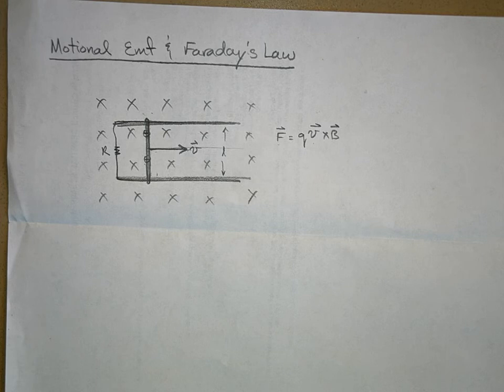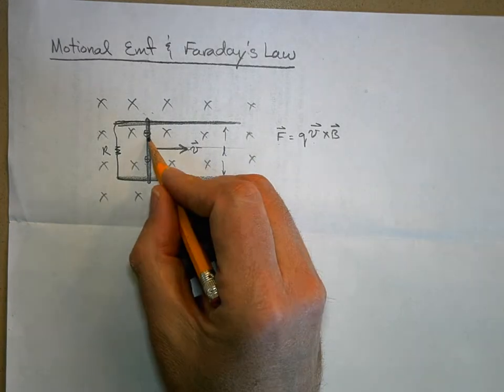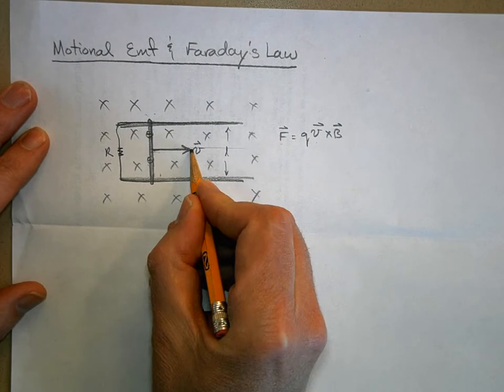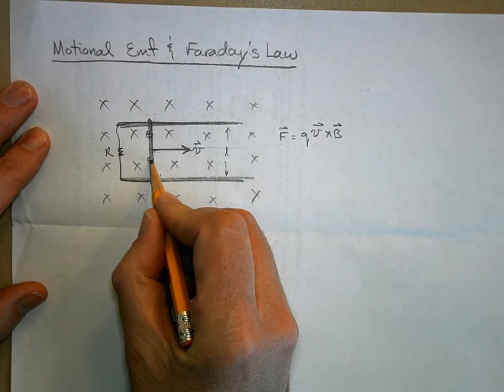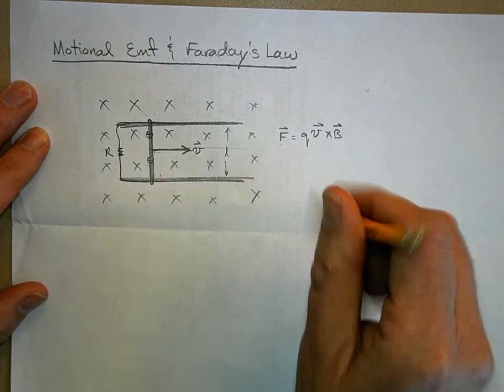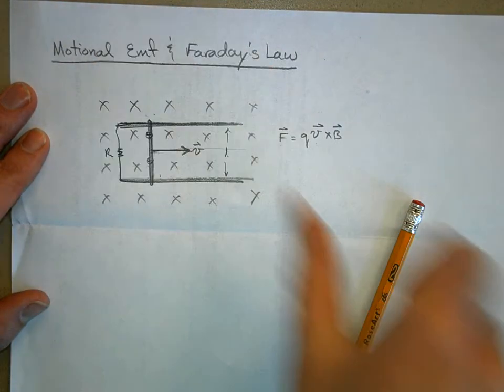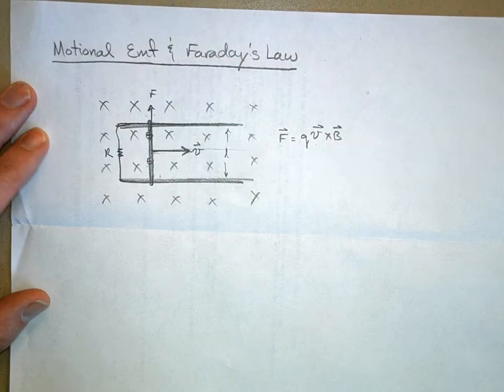And so my pretend positive charge is going to feel a force. Now, if your velocity is to the right and your magnetic field is down, you go v cross B, it's going to get pushed up. So there's the force acting on it.